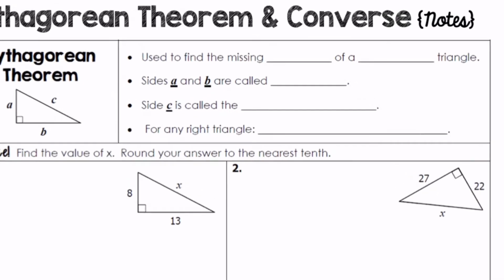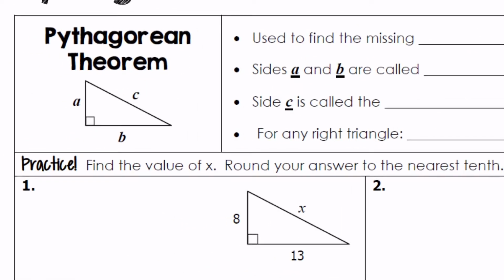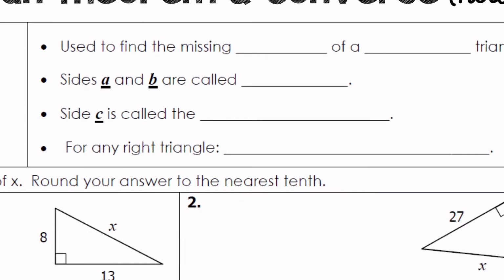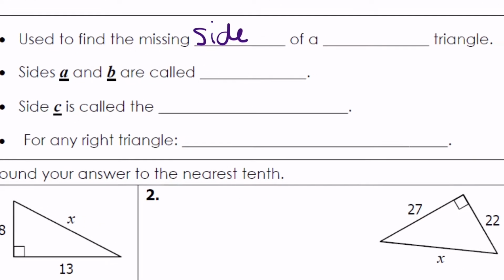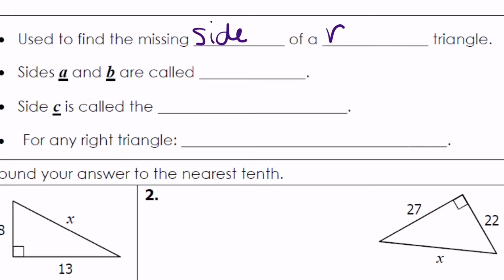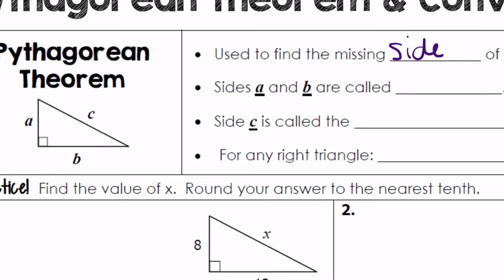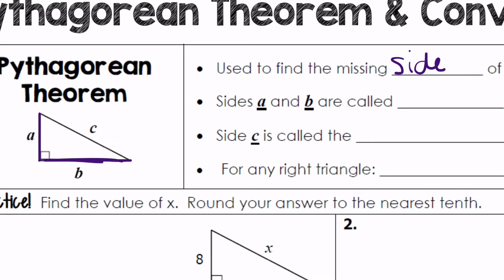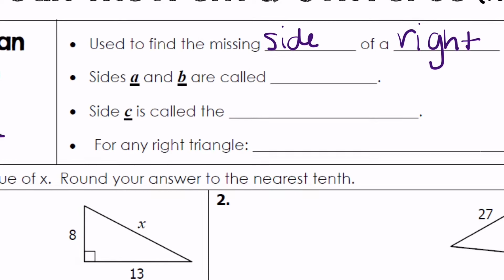I'm going to zoom in here. Remember, when we're looking at a triangle, we use the Pythagorean theorem to find the missing side, a single side, of a right triangle. We can only use the Pythagorean theorem on right triangles, okay? So remember, sides A and B, this one right here and this one here, those are what we call the legs.